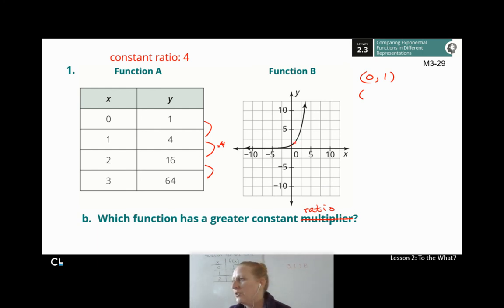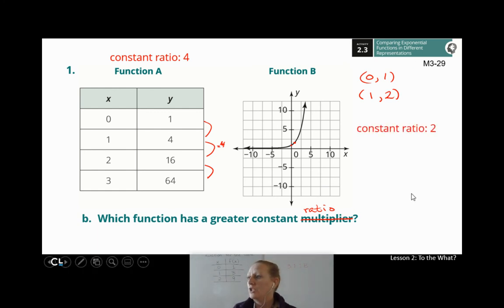In fact, it looks like it's about twice as high as where we were before. So I would say that my next point is at 1, 2. So it looks like to get from here to here, I have to multiply by 2. So I'm going to say that my constant ratio is 2. That means if function A is a constant ratio of 4, function B is a constant ratio of 2, function A has the greater constant ratio, doesn't it?